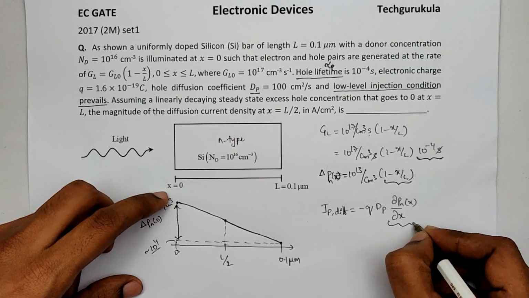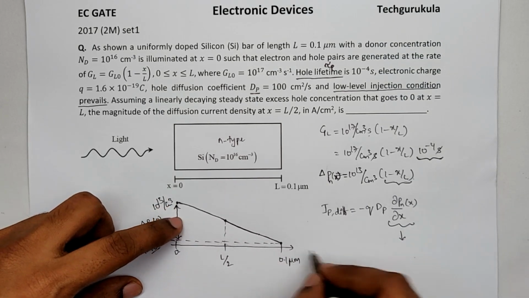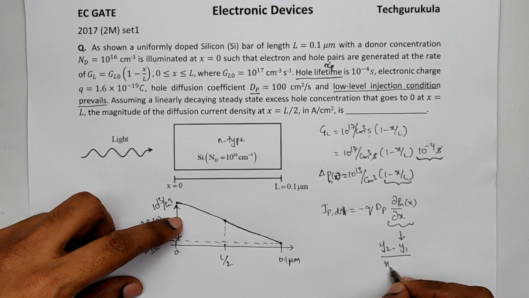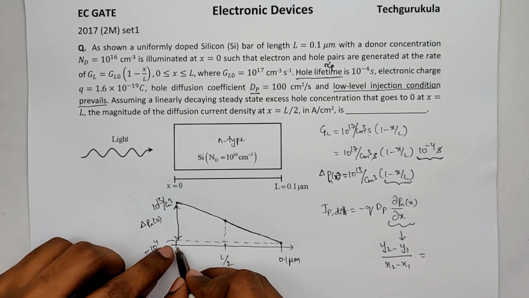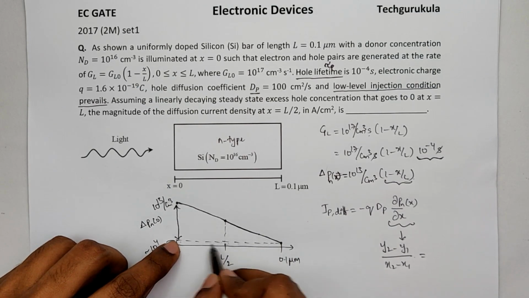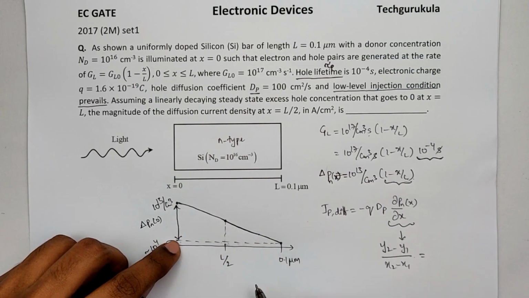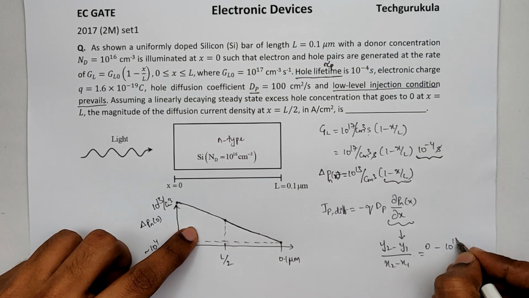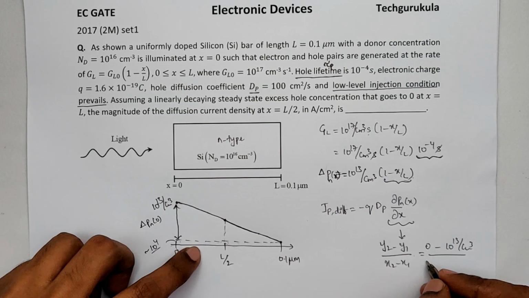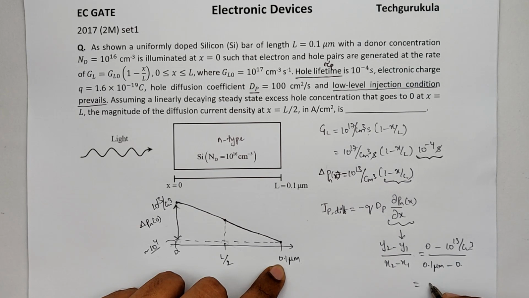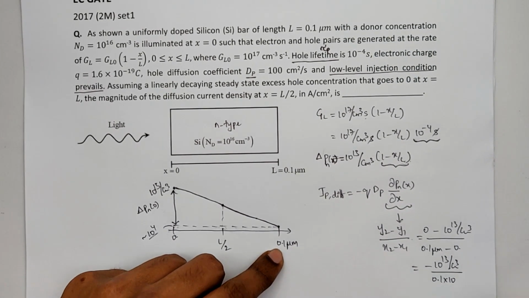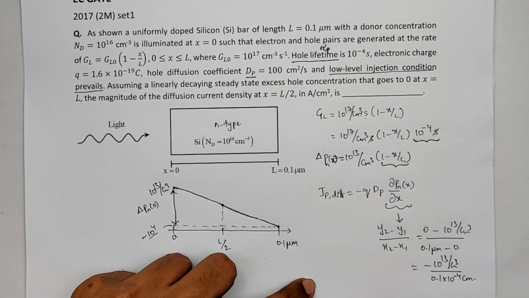So for that, this value can be written as y2 minus y1 over x2 minus x1, which is equal to, y2 is 0. I am not taking this minority carrier concentration under equilibrium because anyway when we subtract it goes away. So y2 is 0 minus 10 power 13 per centimeter cube divided by x2, which is 0.1 micrometers, minus 0. This value would be minus 10 power 13 per centimeter cube divided by 0.1 times 10 power minus 4 centimeters.